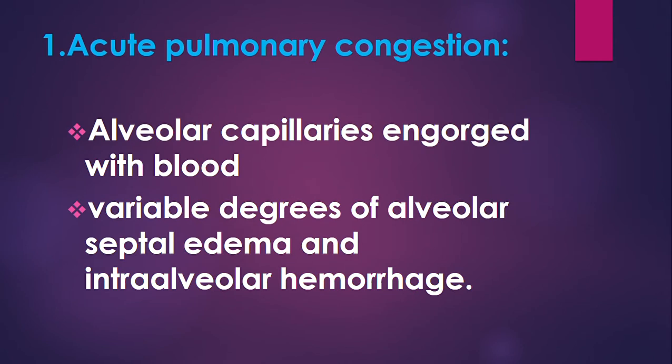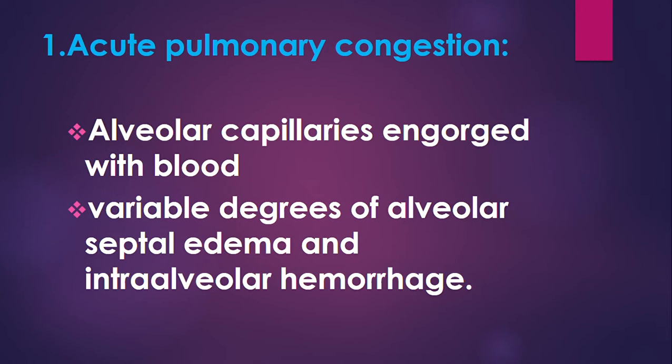Grossly, as we mentioned, the tissue is wet and oozes blood. Microscopically, what do we see? Alveolar capillaries engorged with blood. What does engorged with blood mean? It means the capillaries in the alveolar wall are filled with blood, filled with RBCs, and there are variable degrees of alveolar septal edema. Alveolar septal means the septum between the alveoli.